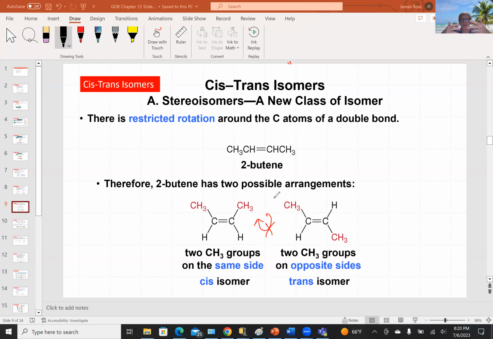So a nice way to do this is, and let me see if I'm actually on camera when I do this. If you do this with your fingers, that would be the double bond. And my thumbs here would be the structure on the left. So let's say my fingers are the double bond and my thumbs are the CH3 groups.